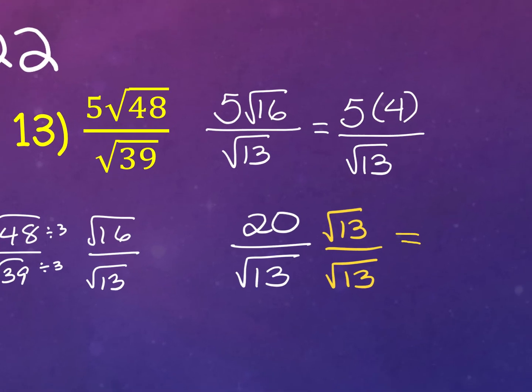Once I multiply it, notice the denominator now has a pair of 13s. The 13 comes out. For the numerator, the 20 is outside, the 13's inside. I cannot multiply an outside number with an inside, so I just write them side by side. Good?